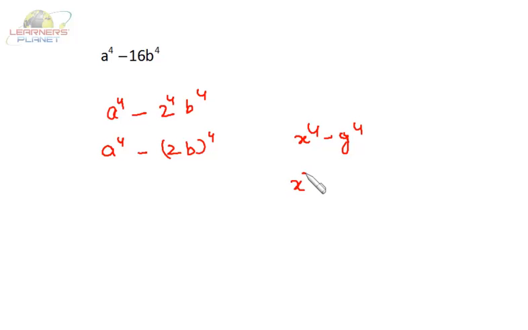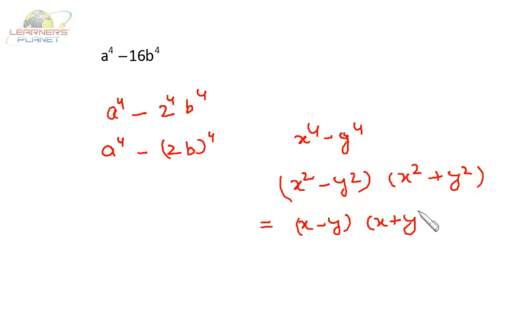It is x square minus y square, then x square plus y square, then it is x minus y, x plus y, and x square plus y square. So you can use directly this identity. Just put the value of x as a and the value of y as 2b.